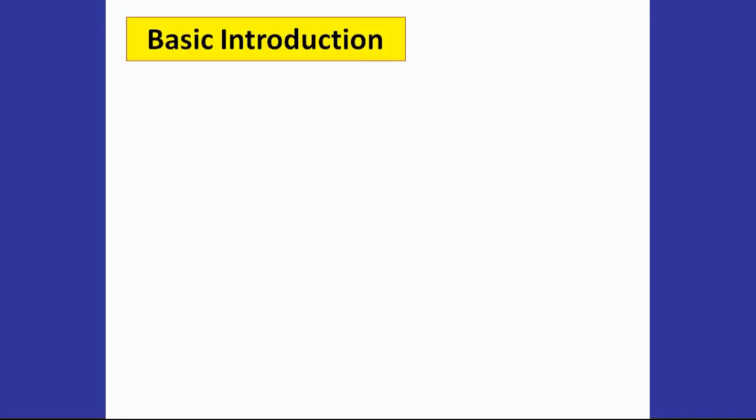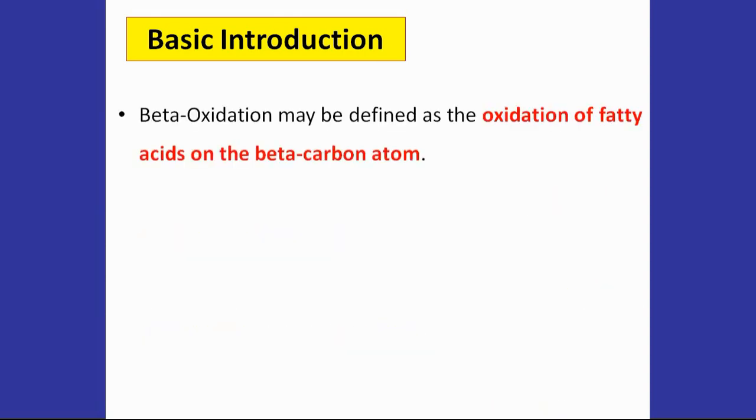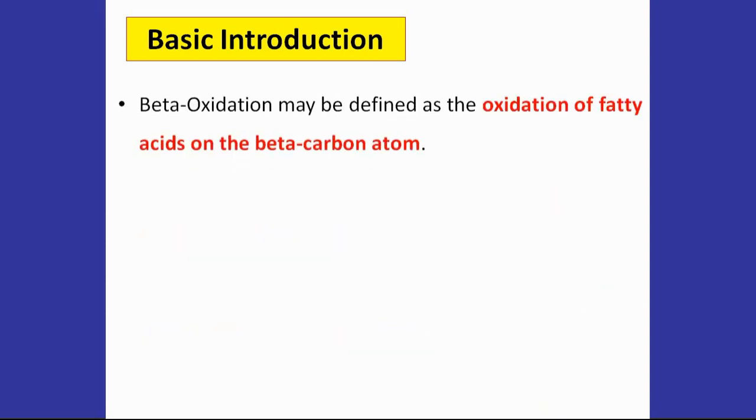Now, if we again go into the basics of beta oxidation, what is beta oxidation? Simply, it can be defined as the oxidation of fatty acid at the beta carbon atom.